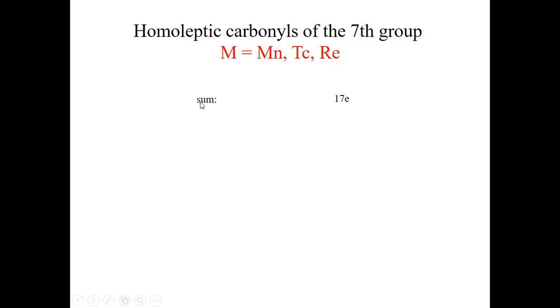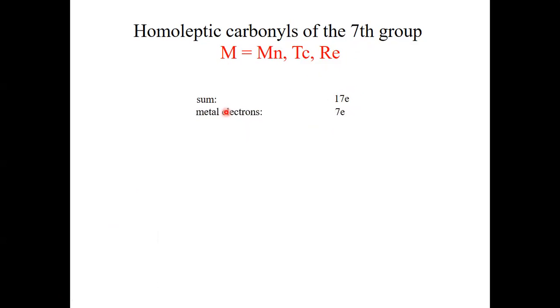Okay, let's do our electron counting. So in this case, we need 17 valence electrons. So our metal provides how many electrons? Well, in the 7th group, our metal would provide 7 of them.